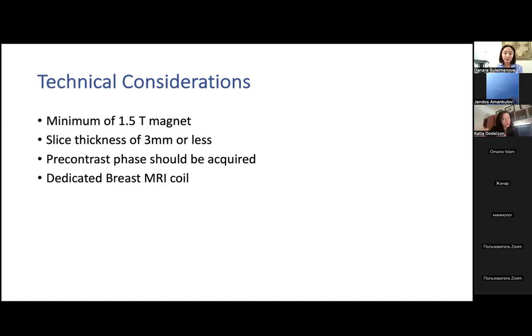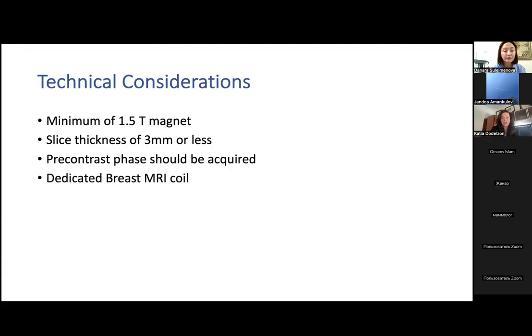So 3 is more accurate than 1.5, but at least 1.5 Tesla is recommended. And that really affects resolution. In fact, with 1.5 Tesla, we overestimate the extent of disease, not under, we actually overestimate. And the 3T magnets allow us to truly define the extent accurately, a millimeter to what the surgical specimen is. But we work with what we have.